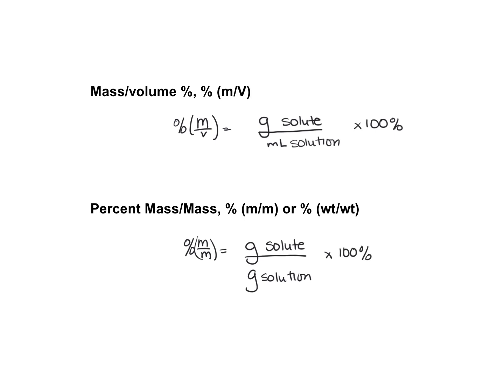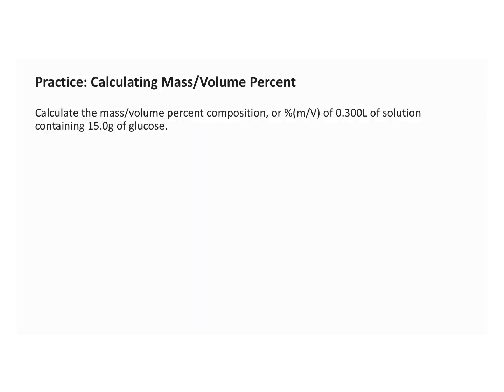Let's do an example of using these in calculation. We're going to calculate the mass per volume percent composition, or percent M divided by V, of a 0.3 liter solution containing 15 grams of glucose. What I like to do with these problems is copy down the formula first, because it gives me a clue of what I need to fill in.